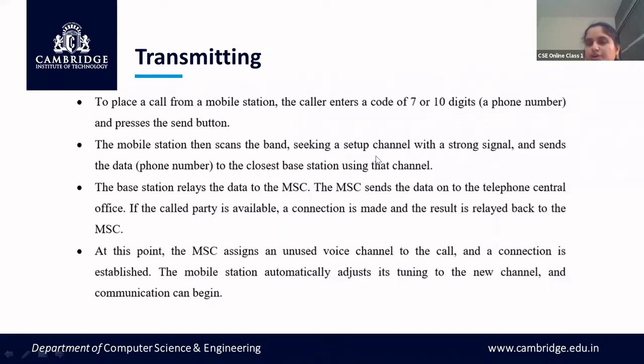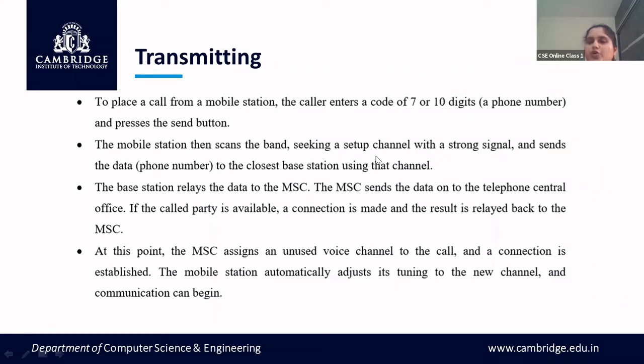For that closest base station, it will check how many mobile stations are connected to it. So the base station now comes to know, okay, this particular number is identified in this particular area, in cell 1 of, say, the network, and there are, say, 4 other mobile stations connected to that base station.